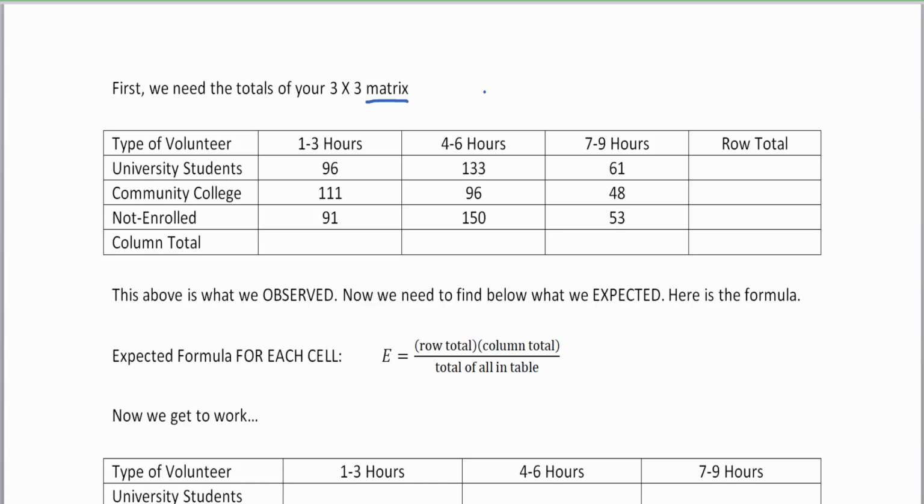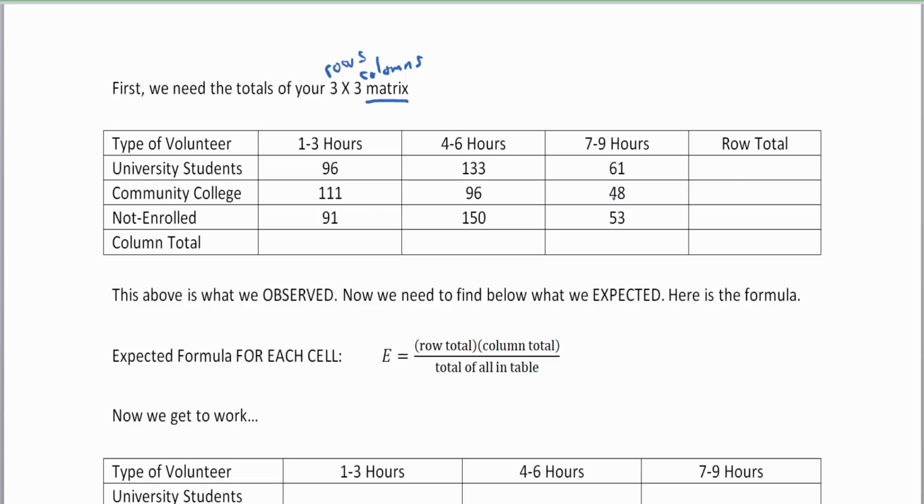Now a matrix is an array of numbers, generally given by rows and columns. Any math book worth its salt will be giving you matrices in terms of rows by columns. But what we're doing is expanding this 3x3 matrix that had 3 rows of data and 3 columns of data, and we're going to add a 4th row and column of data that's going to be a row total.